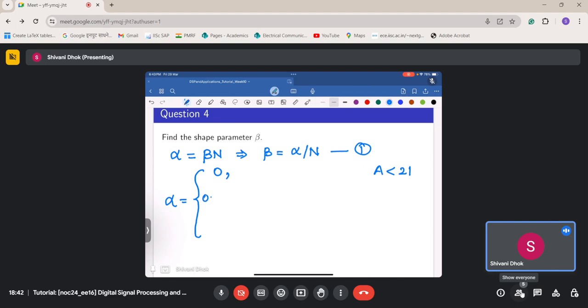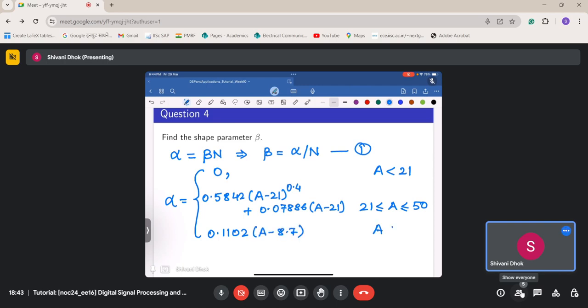It is equal to 0.5842 into A minus 21 to the power 0.4 plus 0.07886 into A minus 21 for 21 less than or equal to A less than or equal to 50, and this thing is equal to 0.1102 into A minus 8.7 for A greater than 50.